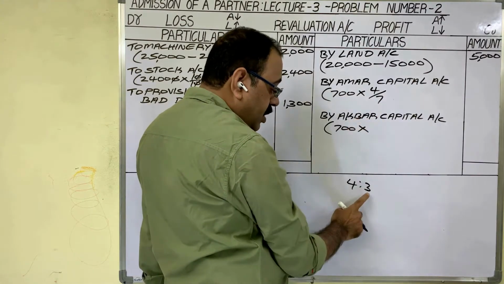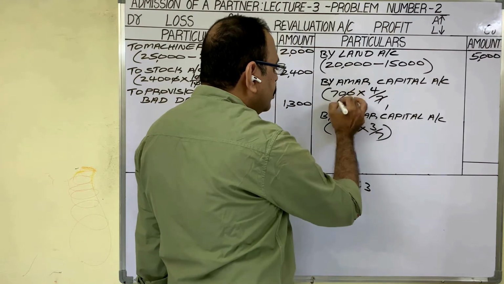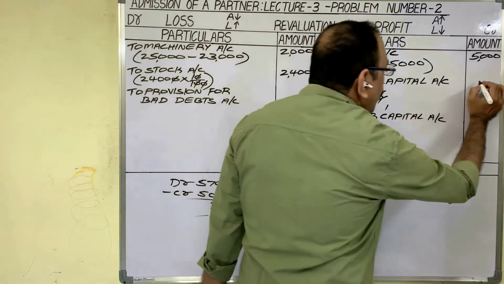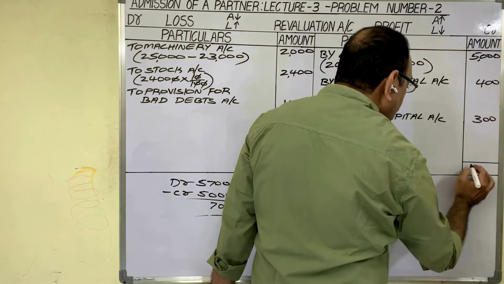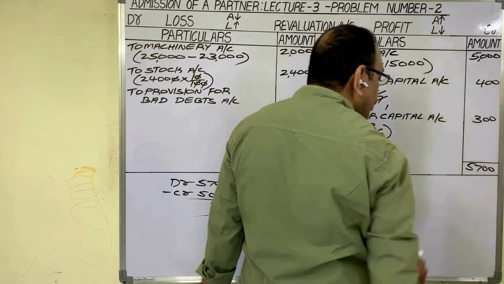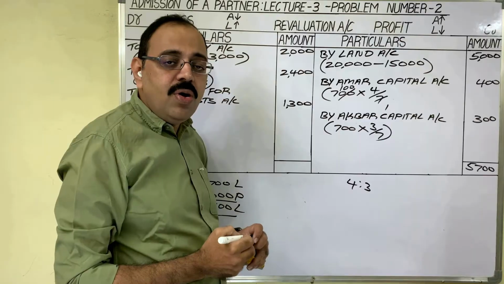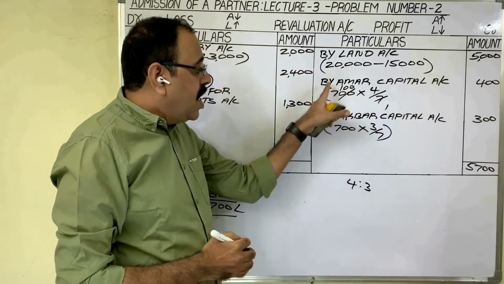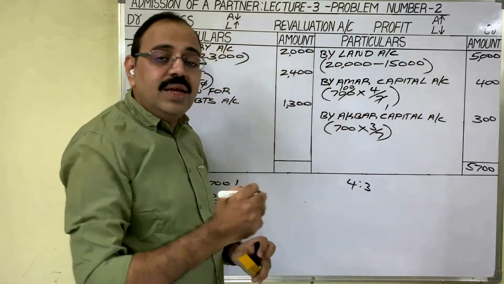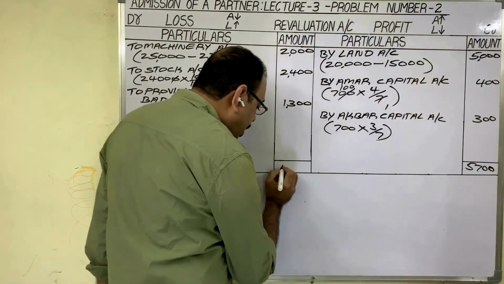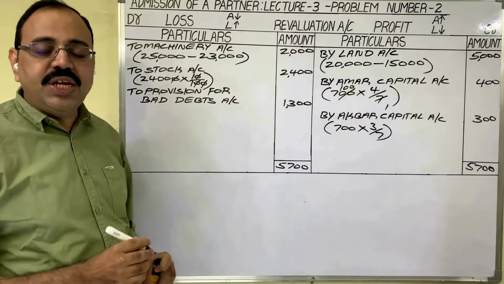Now for Akbar, 3/7. 400 rupees, 300 rupees. Put the total 5,700. So in revaluation of assets, there is a loss of 700 rupees. Out of that 700, Amar should bear 400 rupees and Akbar should bear 300 rupees. Debit side also write down the total 5,700. This is revaluation account.